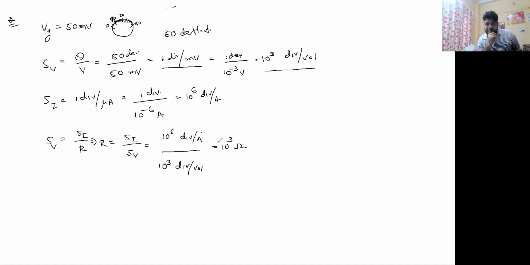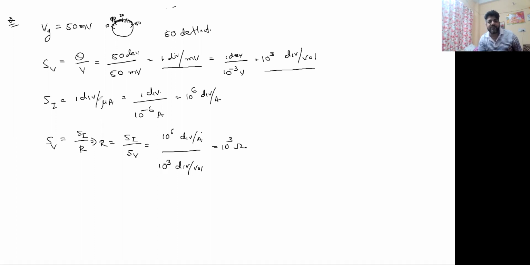You can express the question in another way also. Current sensitivity is 1 division for this much microvolt.